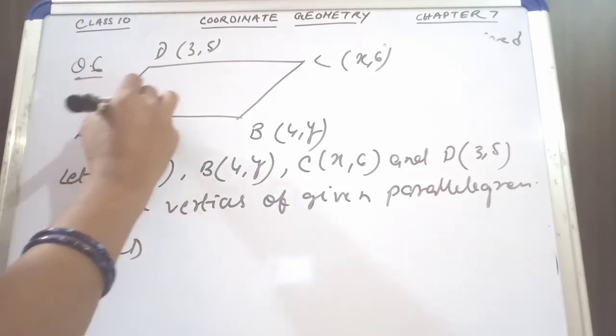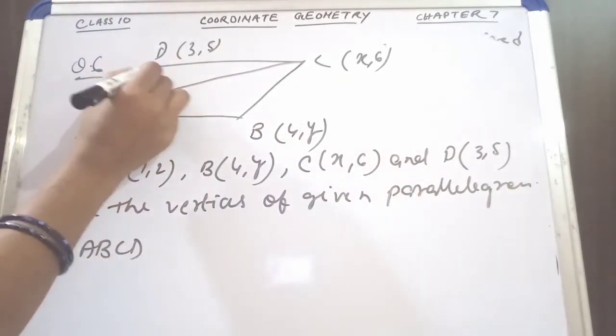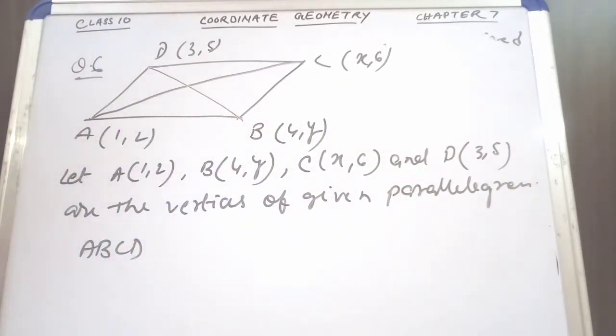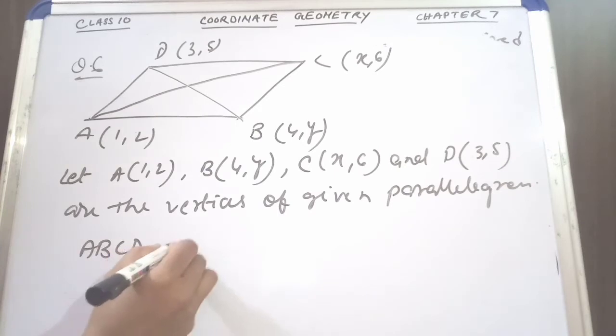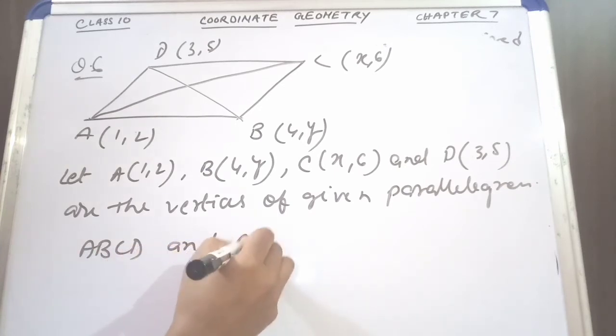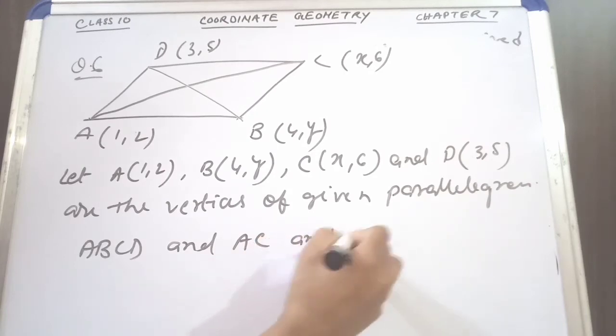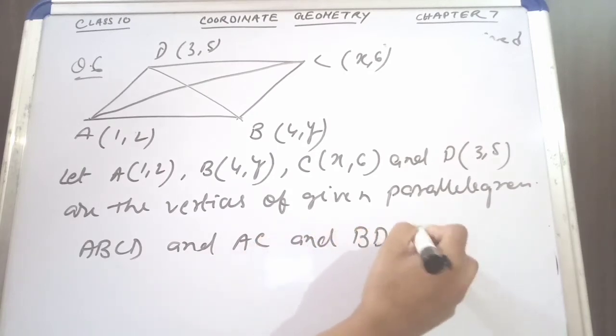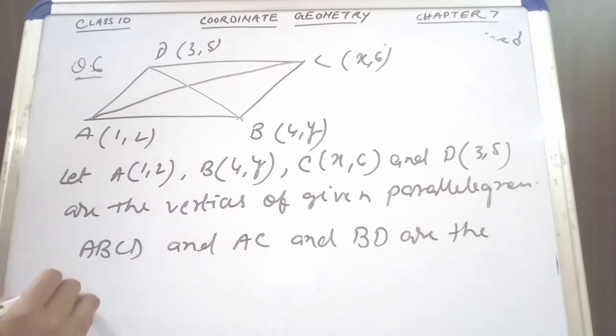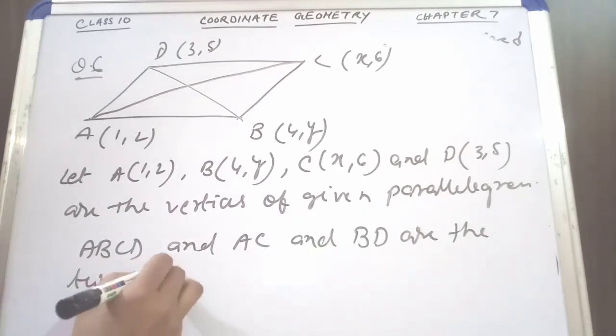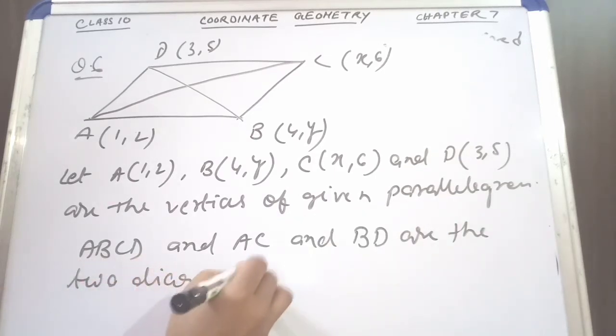Suppose AC and BD are the two diagonals.